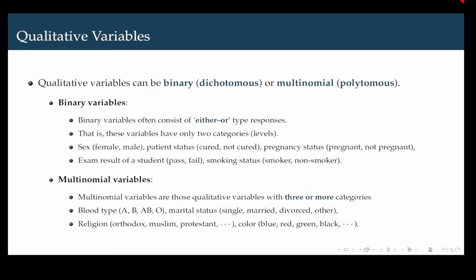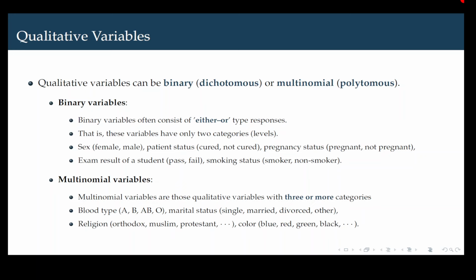Sex could assume female, male. Sex is a binary variable. Patient status, cured, not cured. Patient status is a binary variable. Pregnancy status, pregnant or not pregnant. Again, pregnancy status is a binary variable. Exam result of a student, pass or fail. Again, this can be considered a binary variable. Similarly, smoking status, smoker or non-smoker, can be considered a binary variable.